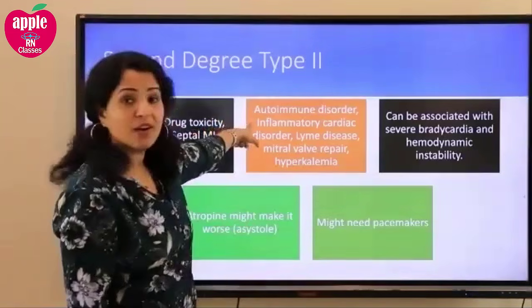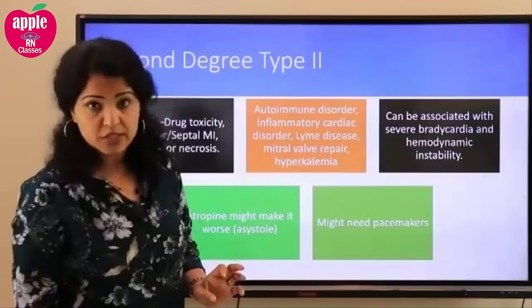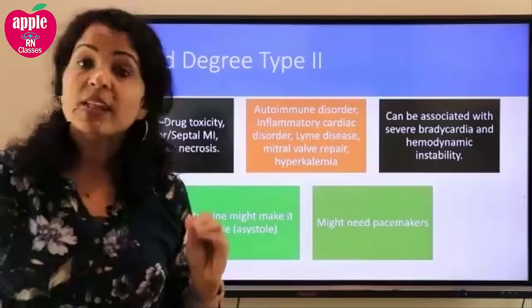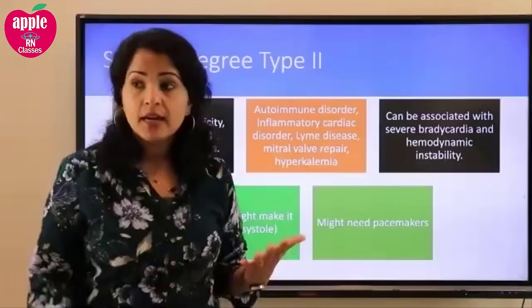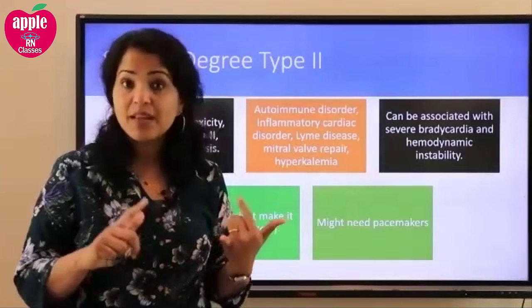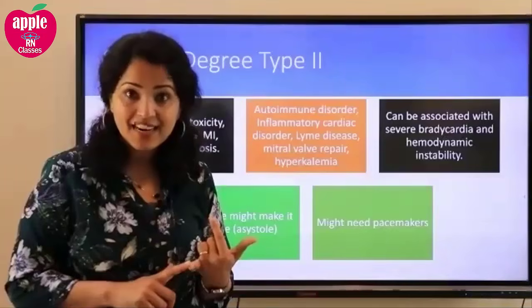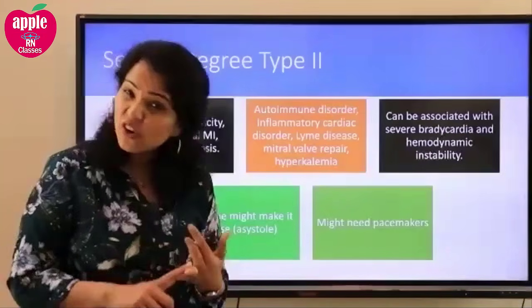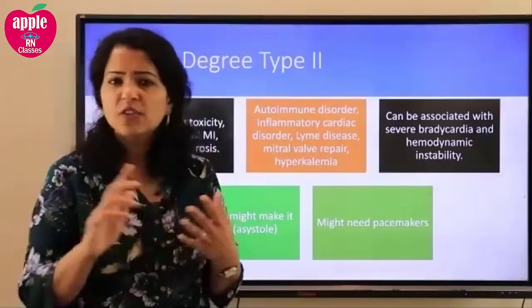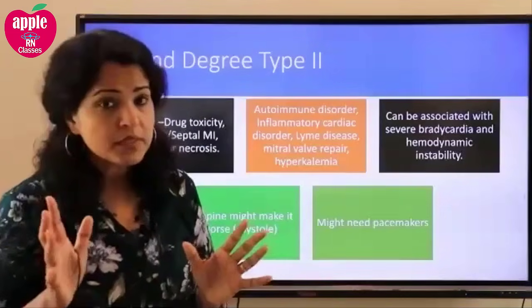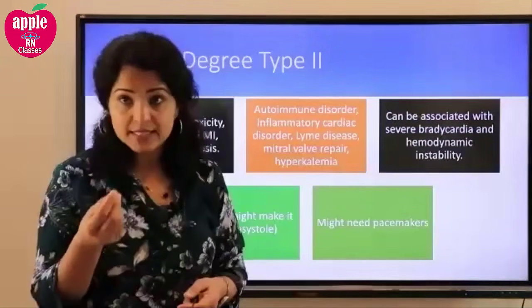And especially I want you to remember the autoimmune disorders. Okay. So whenever people have autoimmune problems like SLE, which is systemic lupus erythematosus, right? SLE or scleroderma or multiple sclerosis or all those kinds of autoimmune problems, there can be fibrosis.